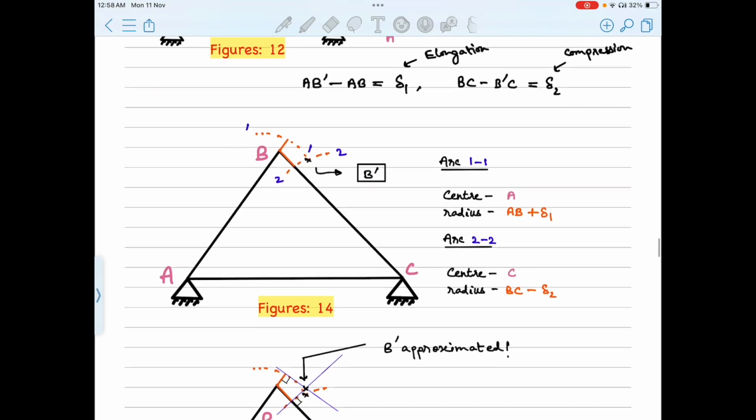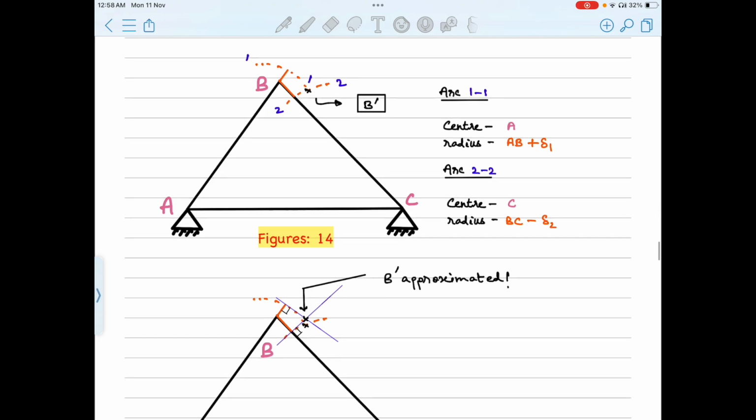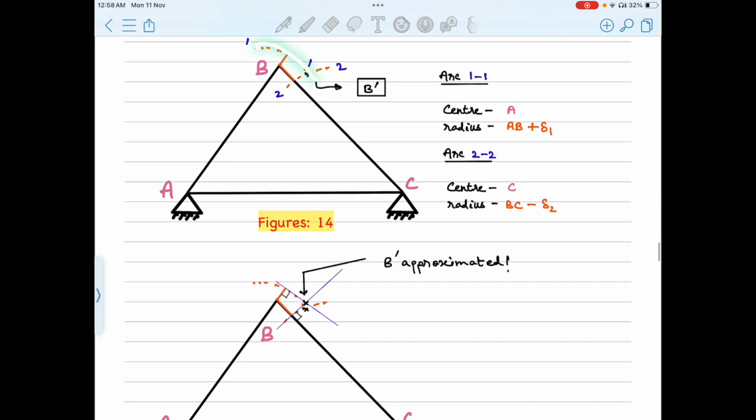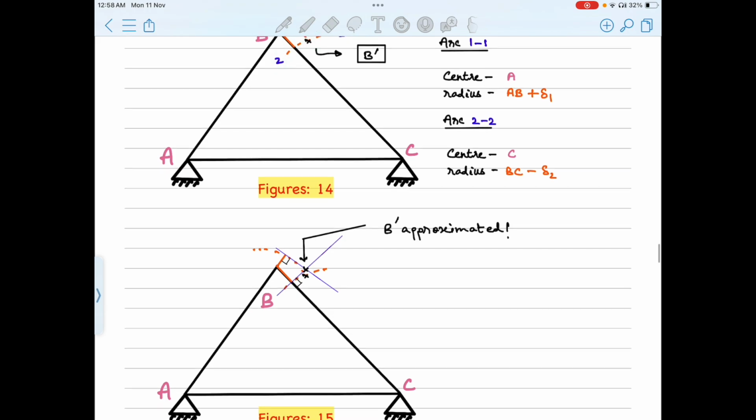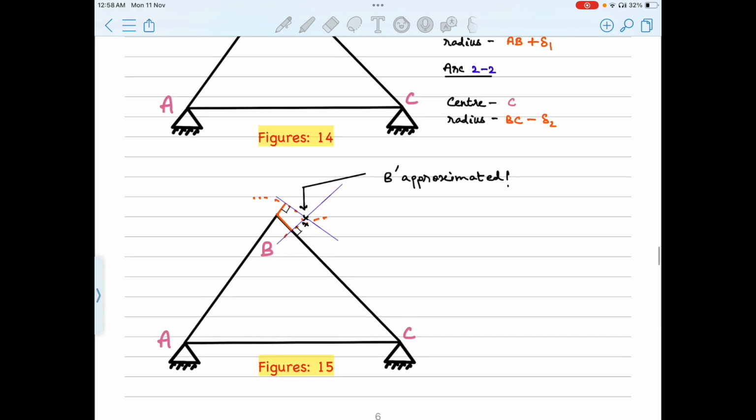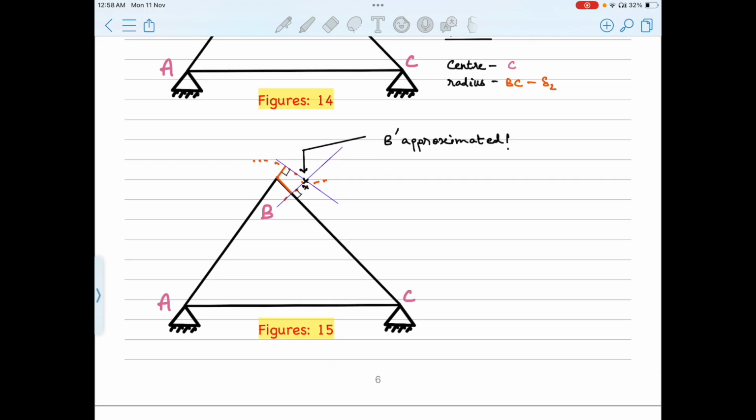Now the important point here is that instead of these two arcs, we can use tangent lines. That's what we see in these thin blue lines of figure 15. If we replace the arcs, which are indicated in this orange color here, with tangents, we get the displaced position of joint B with the accuracy desired.